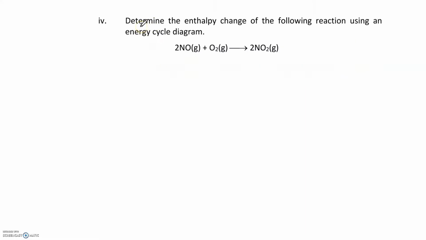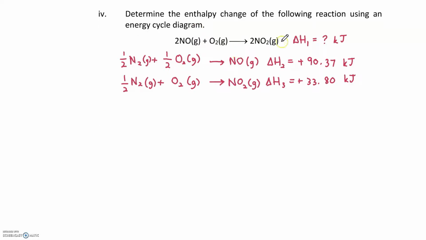The next question is we are asked to determine the enthalpy change of the following reaction, and we must use an energy cycle diagram. We have the two equations that we wrote in the previous question.